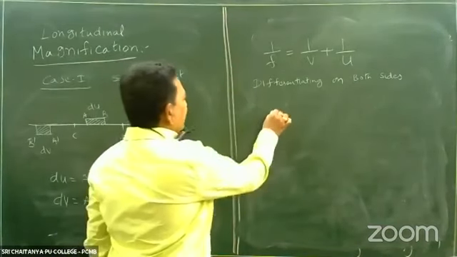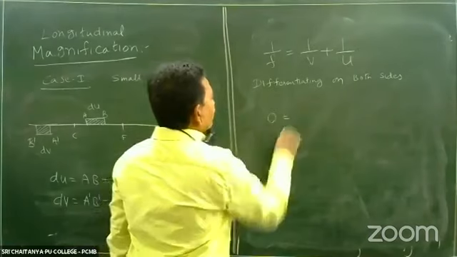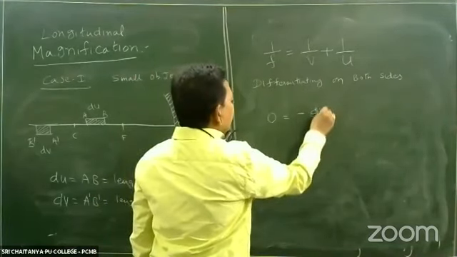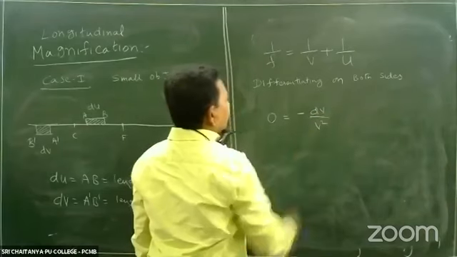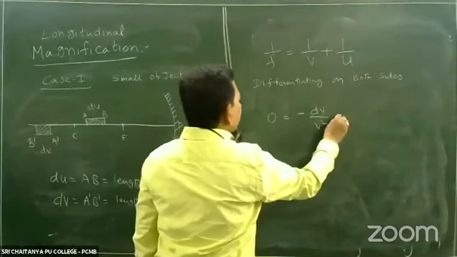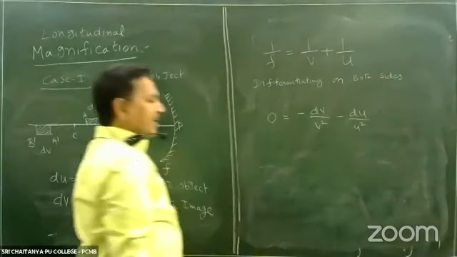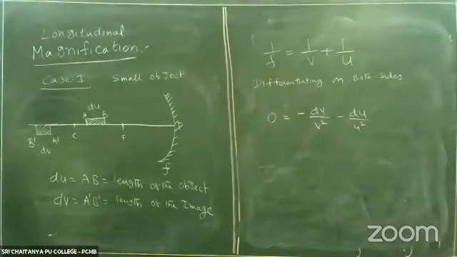Differentiation of a constant is 0. The differentiation of 1 by V is minus dV by V square. The differentiation of 1 by U is minus dU by U square. Differentiating on both sides.